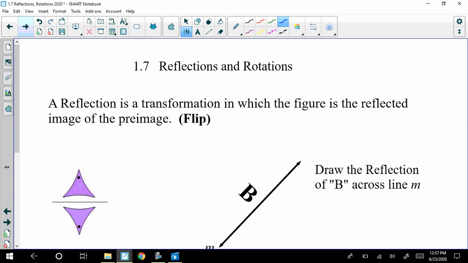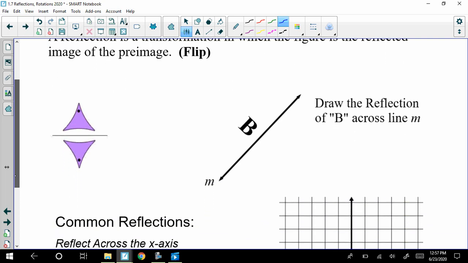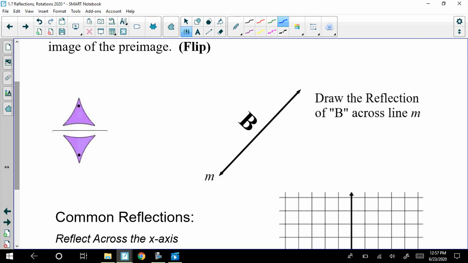So first of all, a reflection. A reflection is a transformation in which the figure is reflected from the pre-image to the image. When we reflect something, remember, we're changing the orientation. If you look at this shape, we flip it over the line and the point ends up on the top, right?